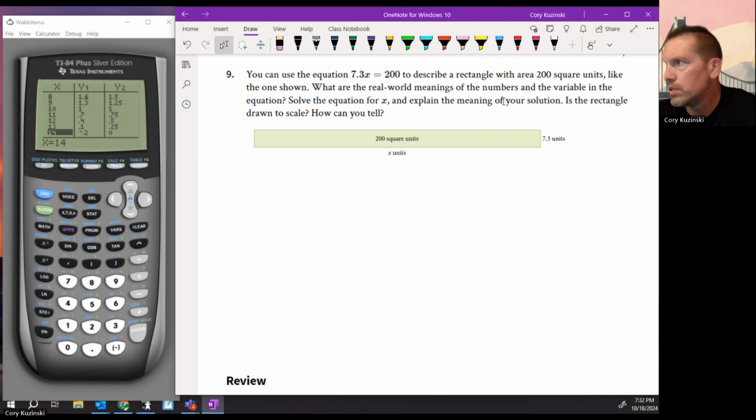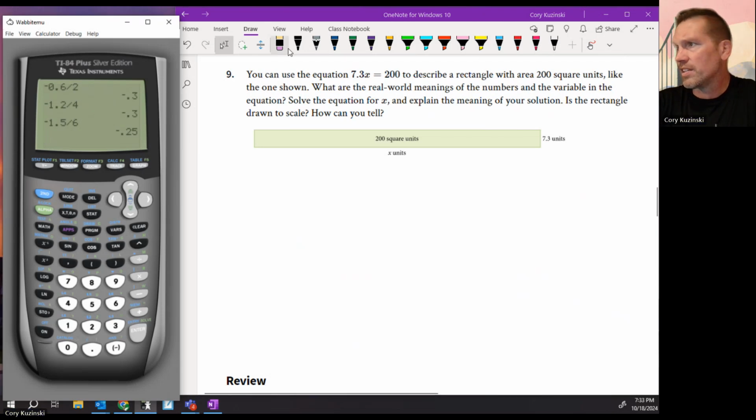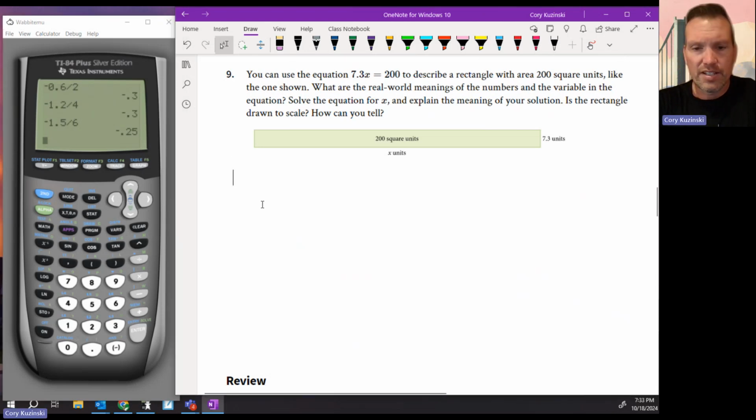The numbers and the variable in the equation. Okay. Let's just type this out, okay? 7.3 is the width of the rectangle.